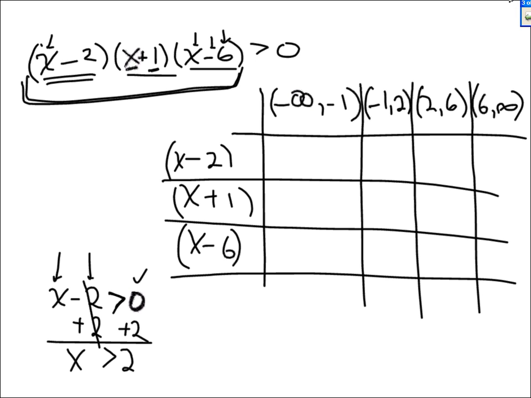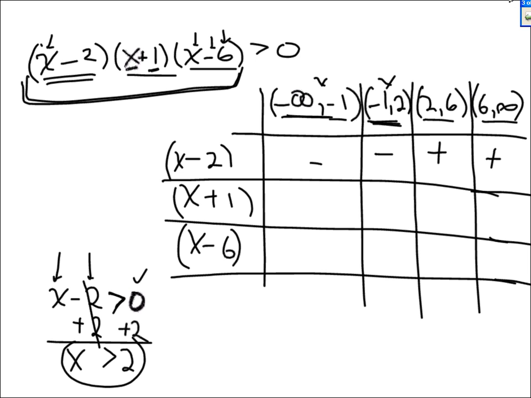Now, which of these four intervals have the x values? Remember, these are the x values between negative infinity and negative 1. X is in between negative 1 and 2, etc. Which of these four intervals have x's bigger than 2? And the answer is the third and the fourth one.